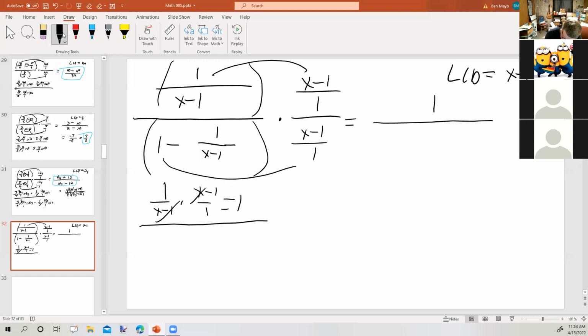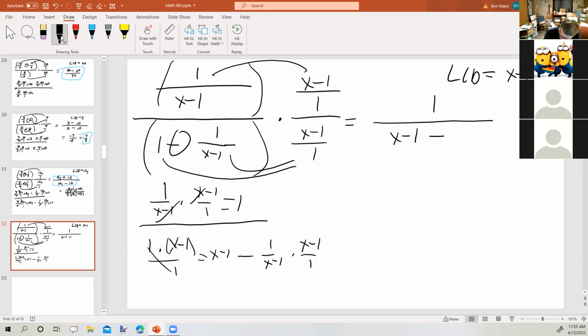Then in the denominator, 1 times x minus 1 over 1 is just x minus 1. And then minus 1 over x minus 1 times x minus 1 over 1, which is 1.